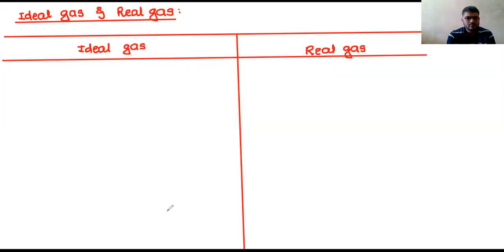Okay. So the first point: in the ideal gas, we already know, what is that? The gas which obeys Boyle's law and Charles' law at all temperatures and pressures.